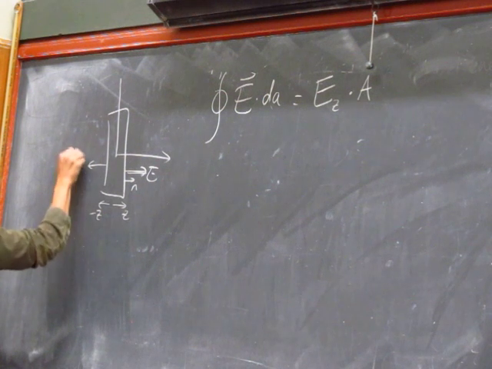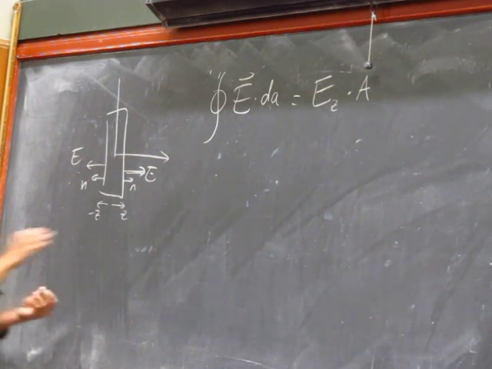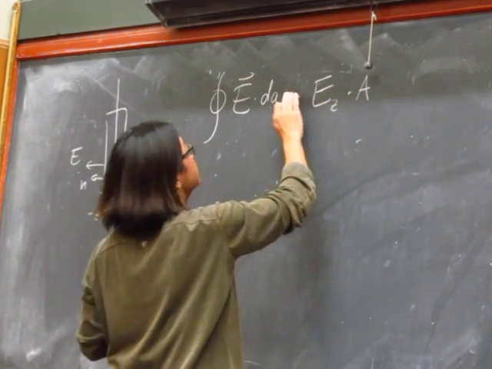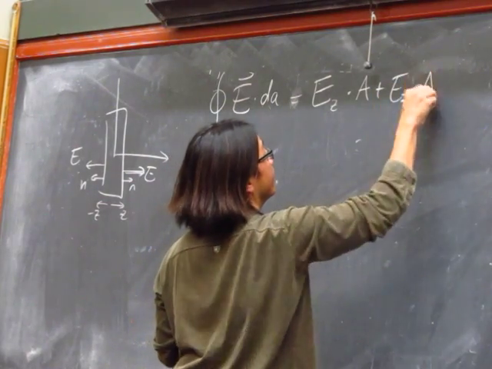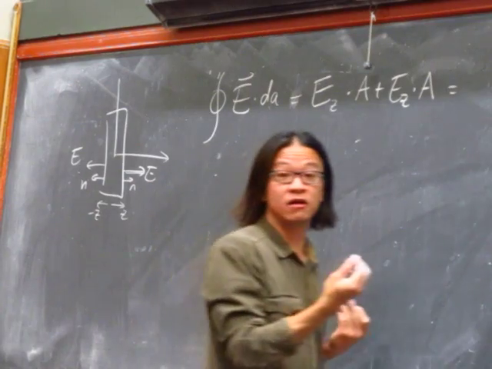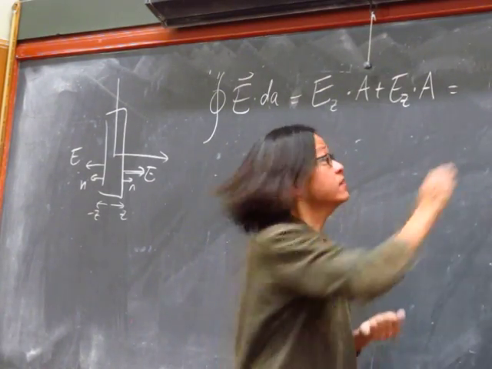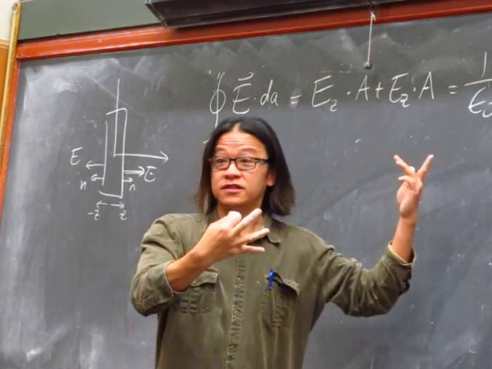And over here, E is pointing in this direction, by symmetry, and the normal is in that direction. So you have a factor of 2 here. And the whole thing has to be equal to, remember Gauss's law, 1 over epsilon naught, and so all the charges inside, right?